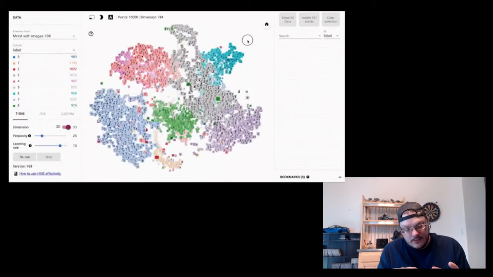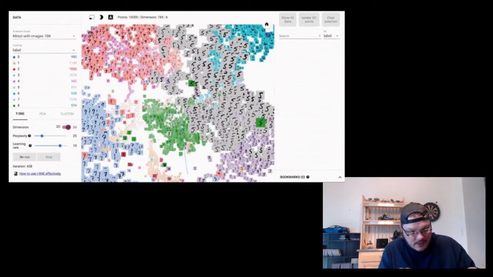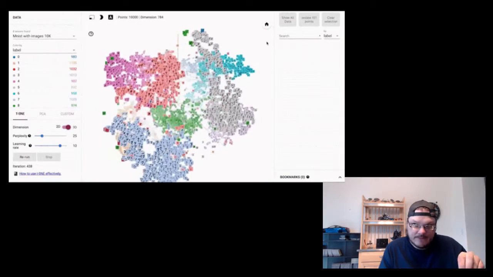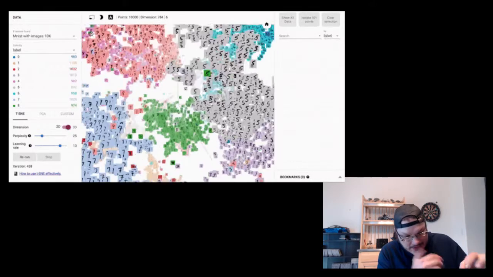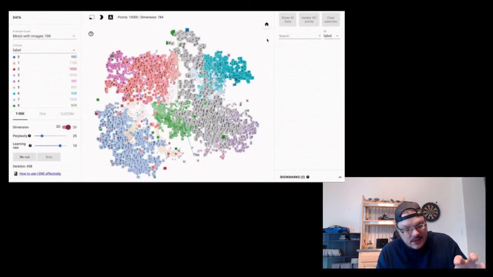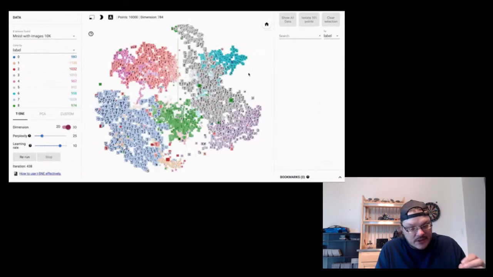What a neural network is trying to do is plot the image, the pattern that it sees. If you give it a bunch of patterns, it plots all the patterns that it sees, and it tries to find the similarities between those patterns.